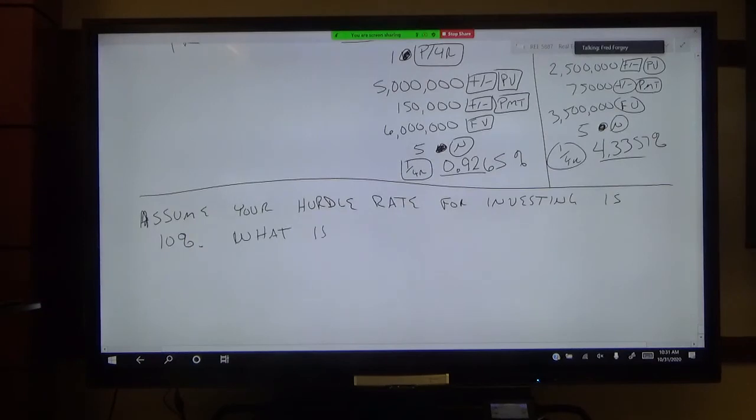What is the maximum you would pay up front for each property? Okay?